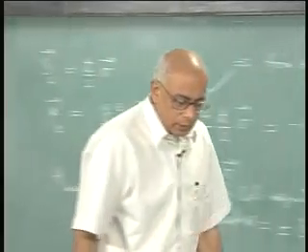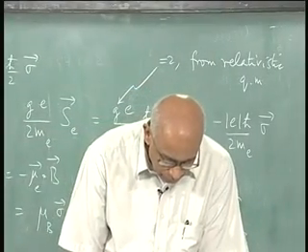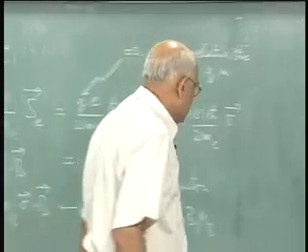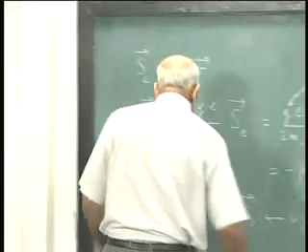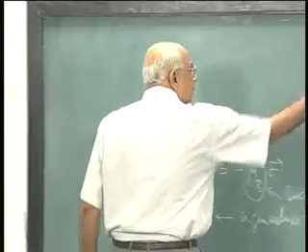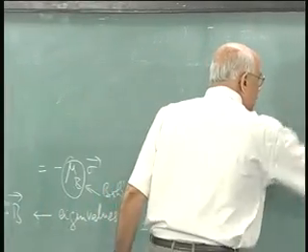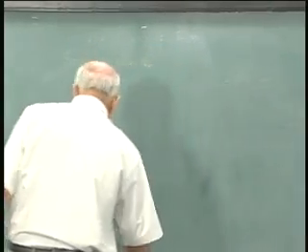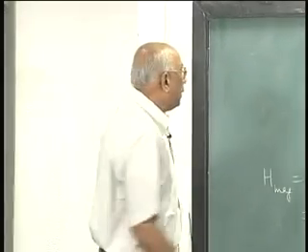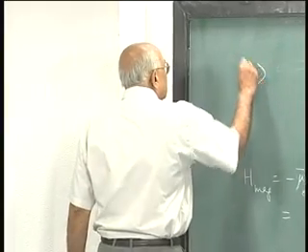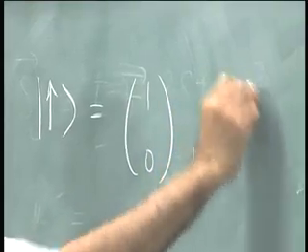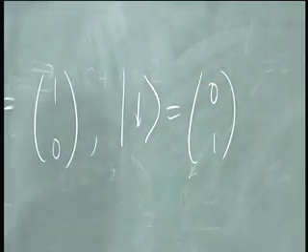Now what we would like to do is the following. Here is my Hamiltonian, and I am going to ask, I start in an arbitrary state of the electron, and remember that this state here can be represented by (1, 0), and this state is conveniently represented by (0, 1).